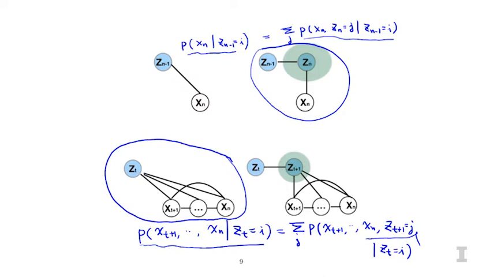In this case, if we only look at the future observations after time t and also the current latent state z_t, any pair of those variables is going to be dependent. This is a fully connected graph. So any calculation for this graph will be difficult, and we cannot simply grab some numbers from the parameter space. So the trick is to add the latent state at time t plus 1.